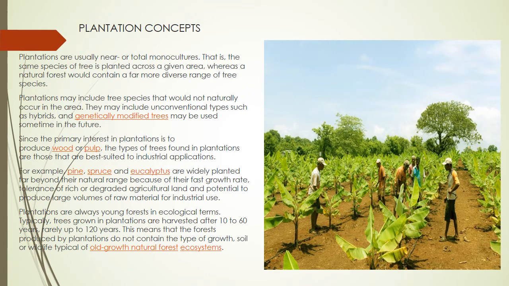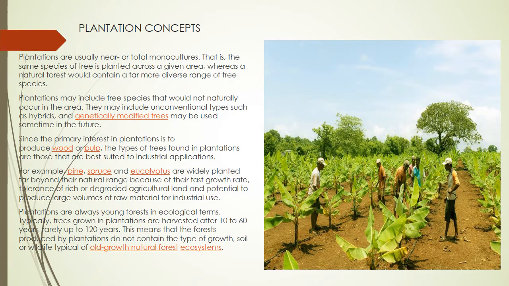Plantations may include tree species that would not naturally occur in the area. They may include unconventional types such as hybrids, and genetically modified trees may be used sometimes in the future. So it has the collection of naturally occurring trees, and it has the collection of hybrid trees or genetically modified trees.